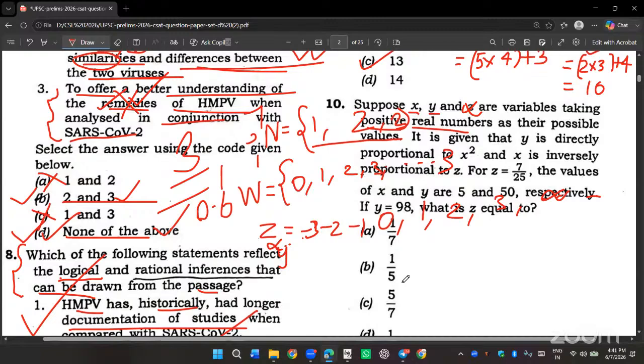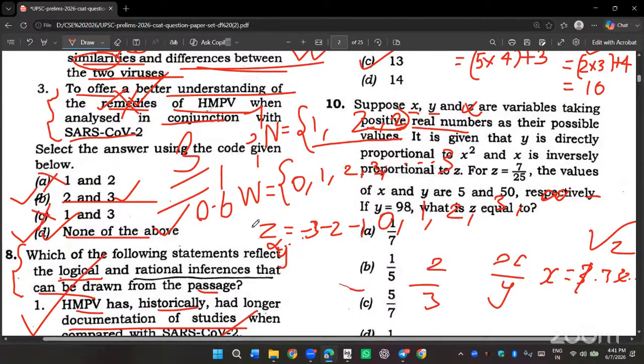Numbers which can be expressed in terms of a fraction, 2 by 3, x by y, are rational numbers. Irrational numbers we cannot express in terms of a fraction. Why? They will be like this, square root of 2. Their value will be 1.7329, like that. It will go on. We will discuss that. Anyway, all these numbers are real numbers.